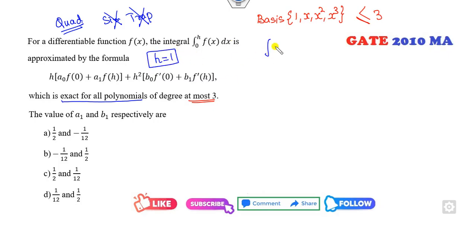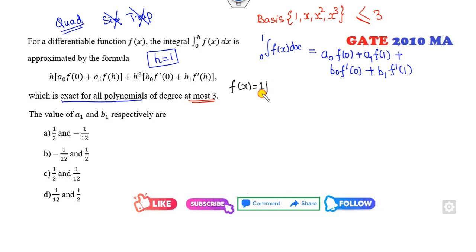So this integration becomes the integral of f(x) from 0 to 1, which is equal to a0 f0 plus a1 f1 plus h square, which is 1, times b0 f dash 0 plus b1 f dash of 1, because the answer is not dependent on the h and h can be anything.